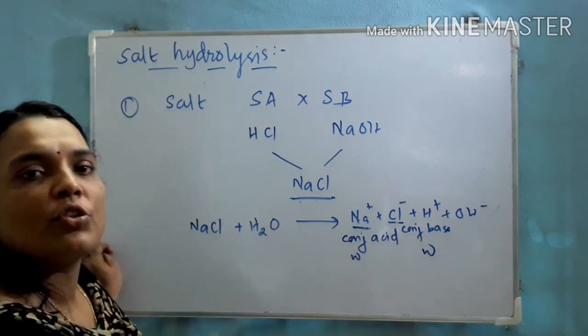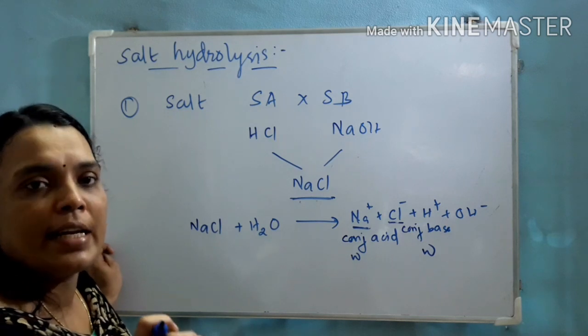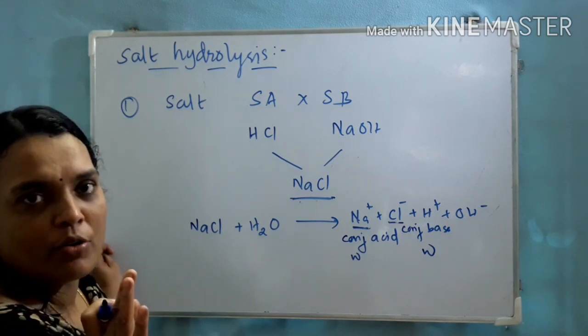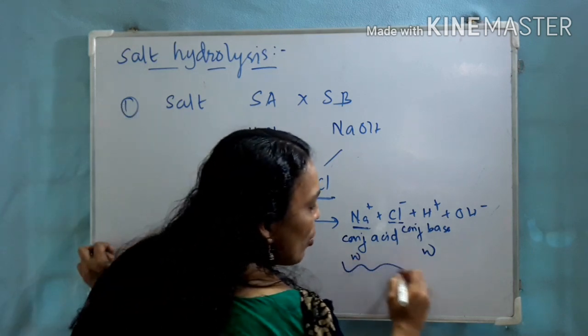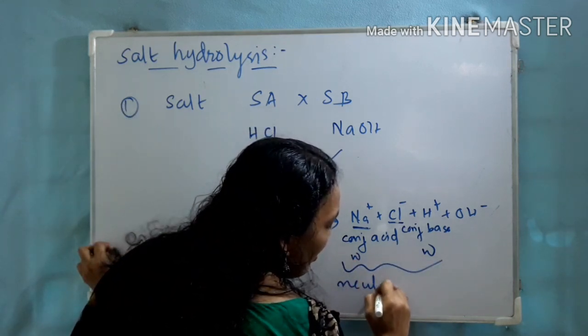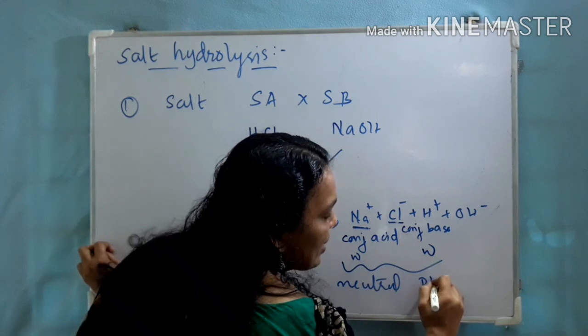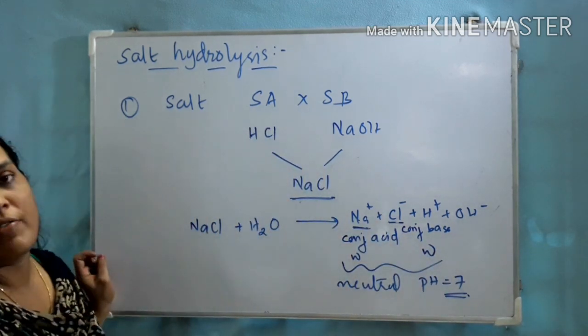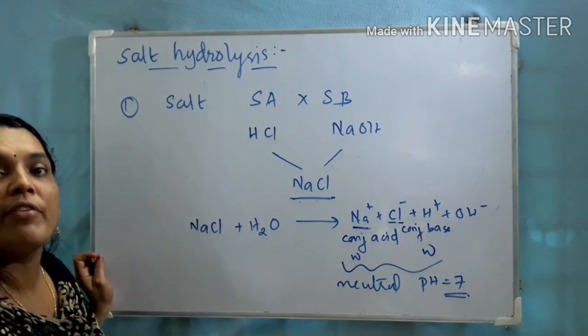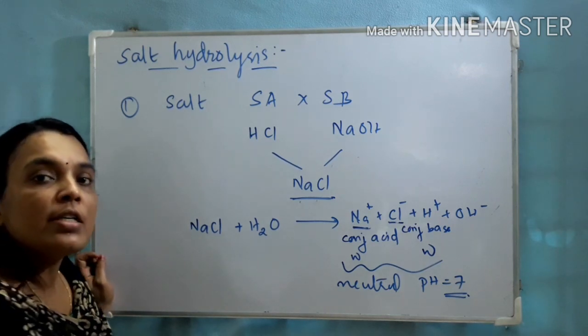They always exist in solution as Na+ and Cl- ions themselves. So the solution is always neutral with pH equal to 7.